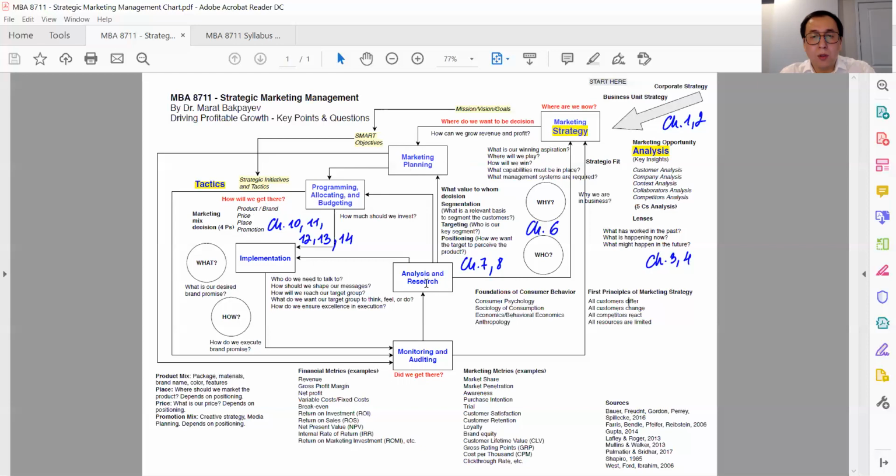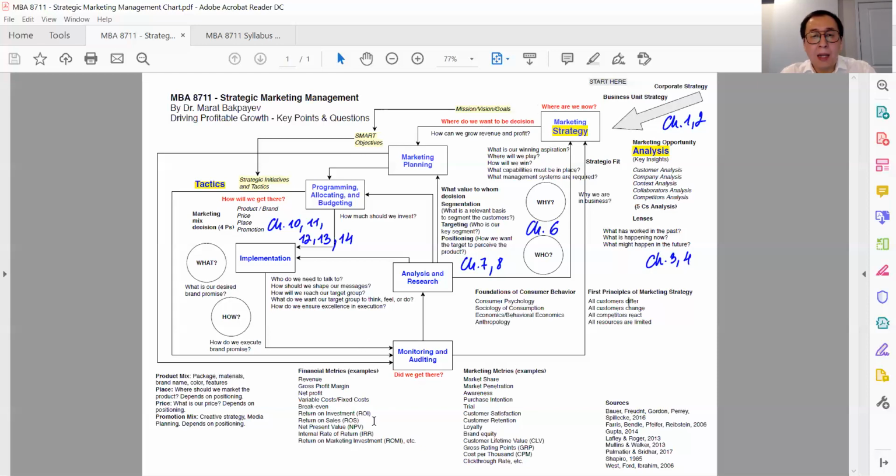And as we go on, as usual, we do the analysis. So going into the core areas, the key questions that you keep asking as you do case analysis: what is happening at this moment of time? Where do we want to be? How will we get there? And then eventually, did we get there, right? I gave you examples of some financial metrics and marketing metrics. Sometimes we mention financial metrics but forget marketing metrics, or sometimes we look into marketing metrics but financial metrics are not touched.